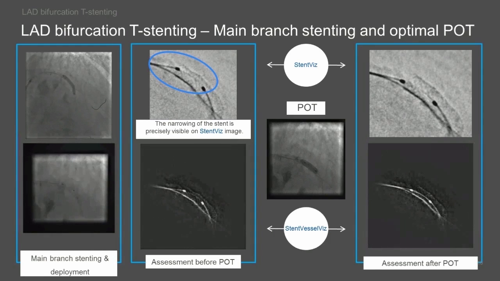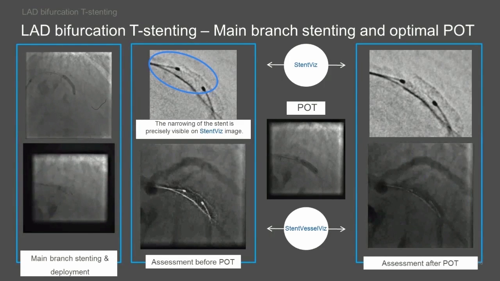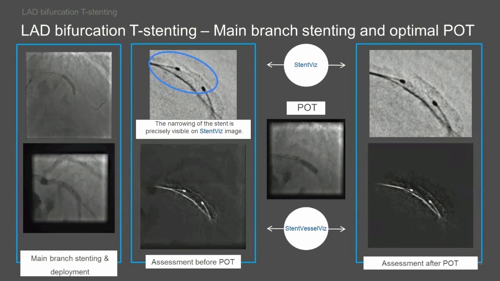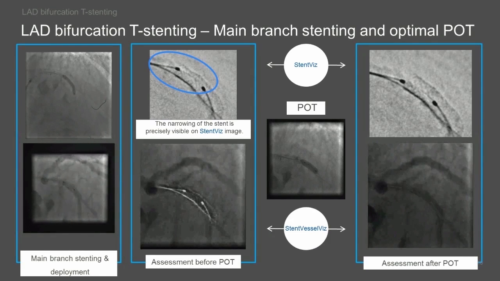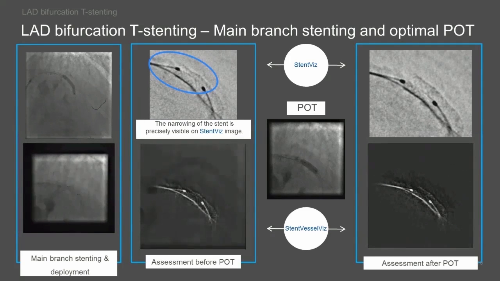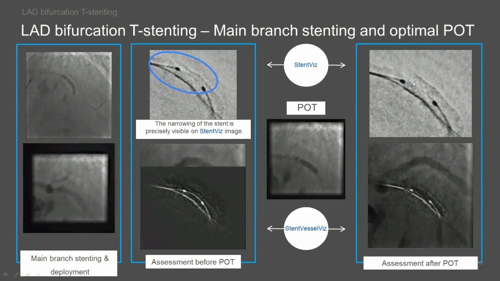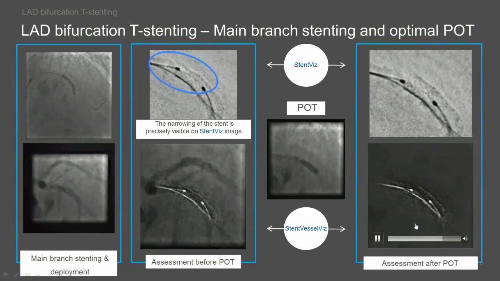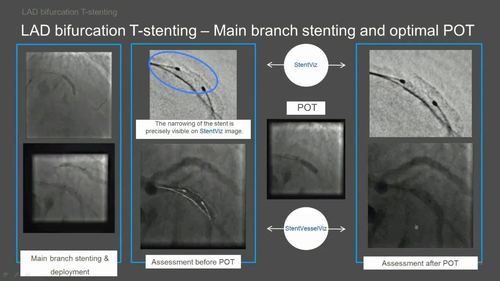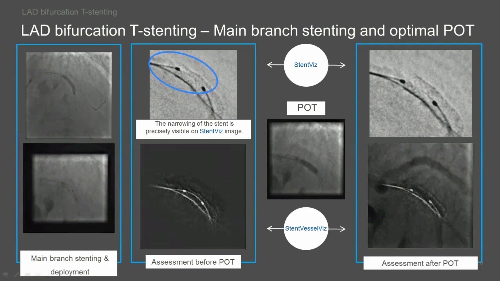And with the stent vessel vis, you can clearly check the proximal part of the stent to be assured that with your balloon you will not do a geographic miss with the POT technique. Here, after the POT, the stent is well open, and with the stent vessel vis, we can check the relation between the stent and the side branch.